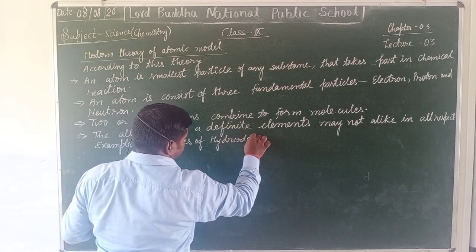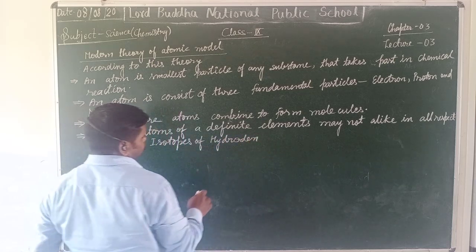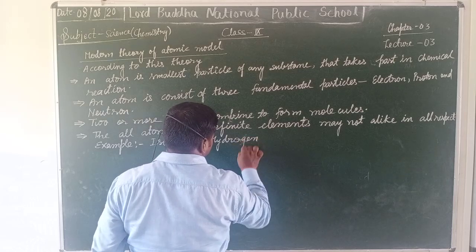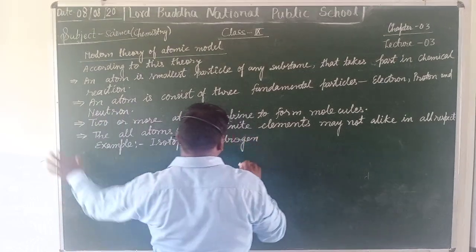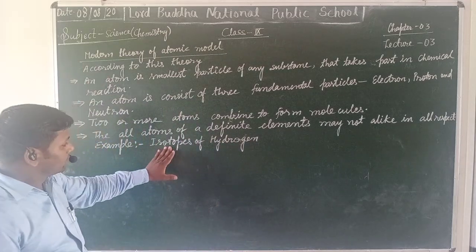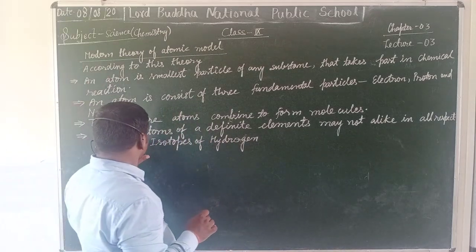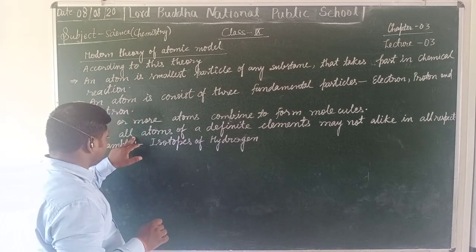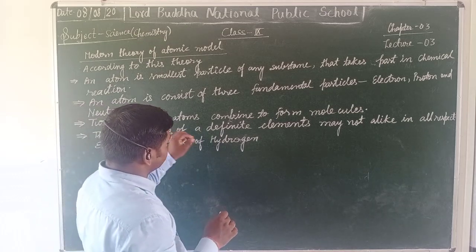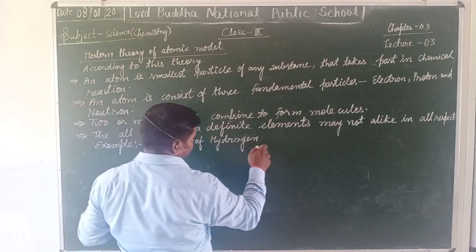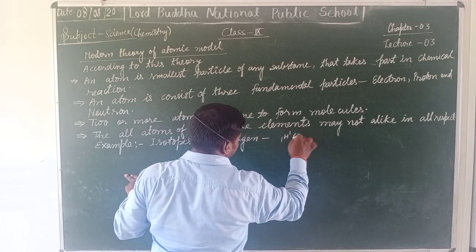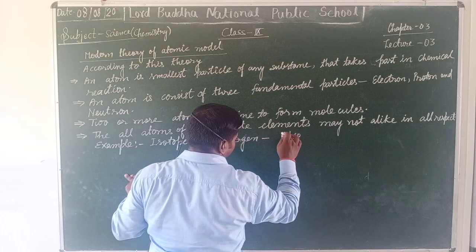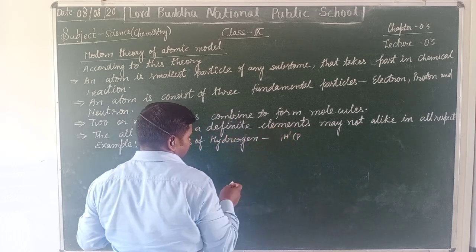With the discovery of isotopes, the concept of Dalton was failed because the atoms of this element hydrogen, H1 protium, contain one electron, one proton and zero neutron.